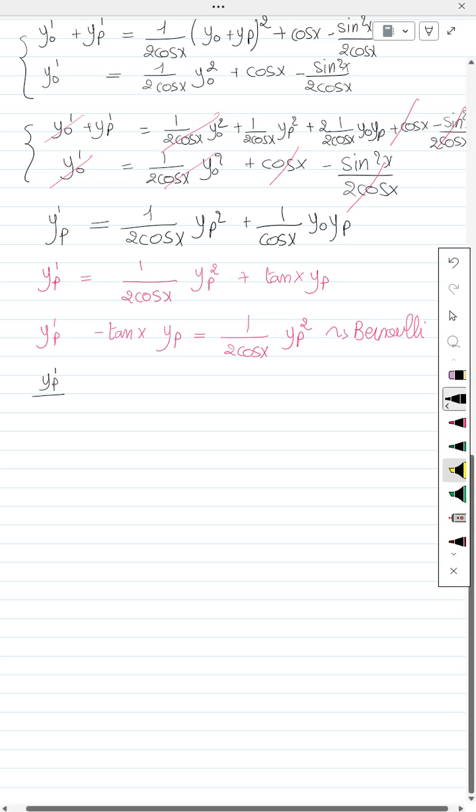We're going to obtain yp prime over yp squared minus tangent x yp to the power of minus 1 is going to be equal to 1 over 2 cosine x. Let's substitute t equal to yp to the power of minus 1.